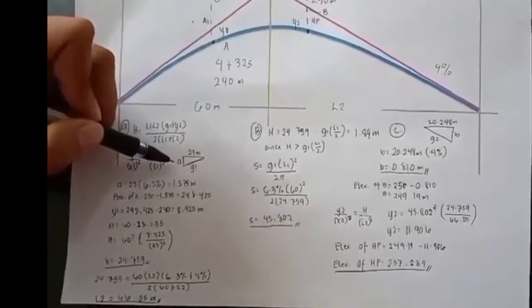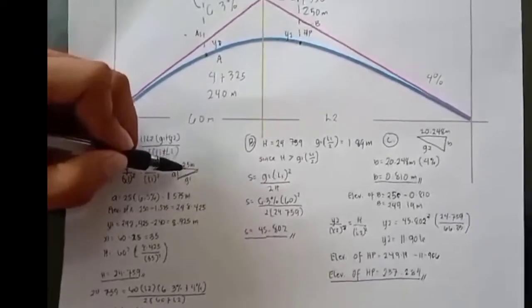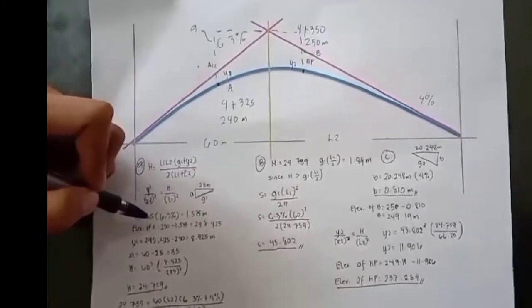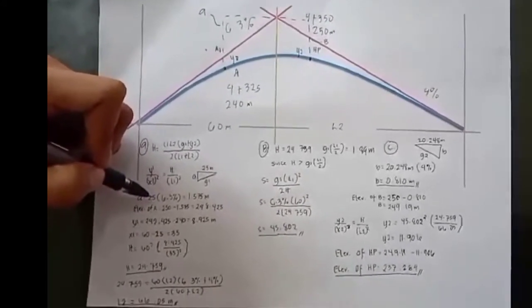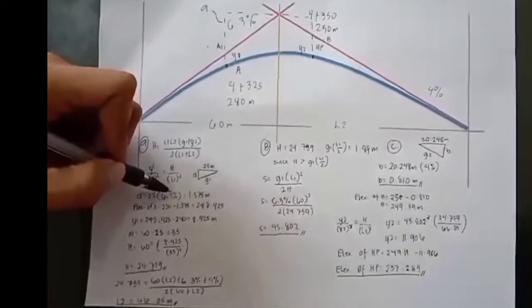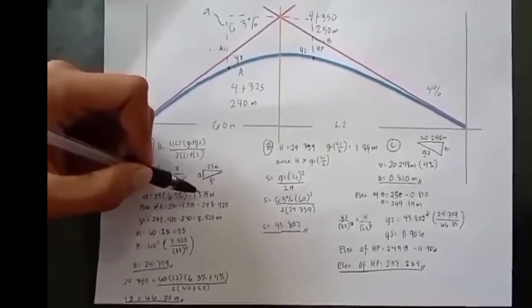So side A, the 25 meter G1. So A is equal to 25 multiplied by 6.3%, then equal to 1.575 meter.